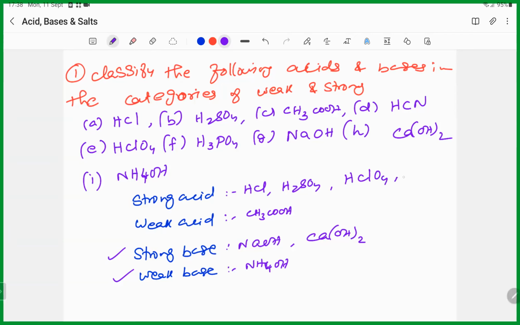HClO4 and then H3PO4 is a strong acid. HCN is a weak acid. That's all about that. Okay.